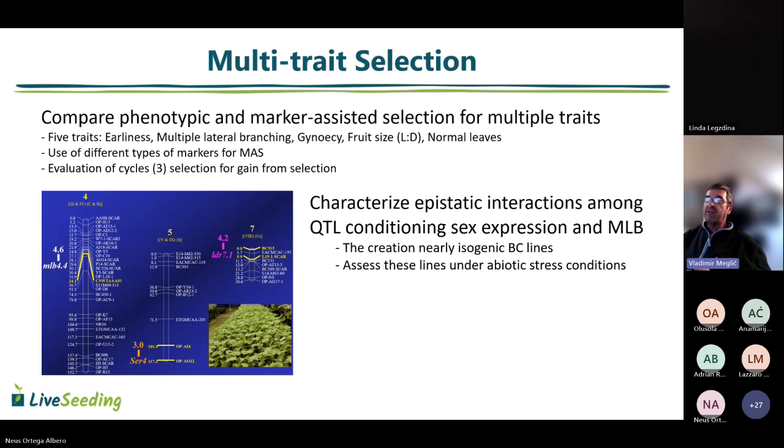We were also evaluating 3 cycles of selection to see the gain from selection, and to characterize the epistatic interactions among QTLs conditioning sex expression and multilateral branching. For that, we needed to create near isogenic backcross lines and assess those lines under abiotic stress conditions.